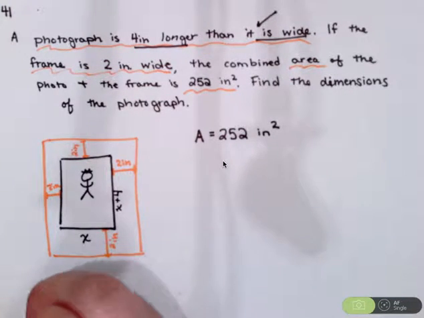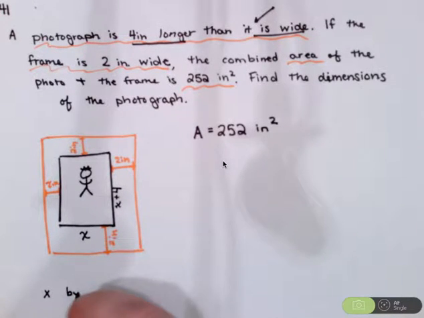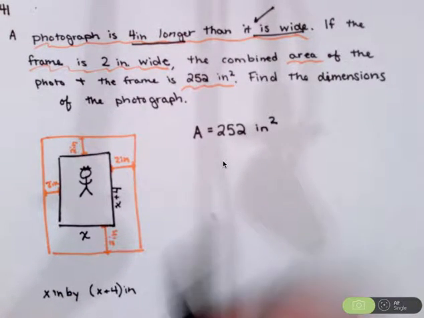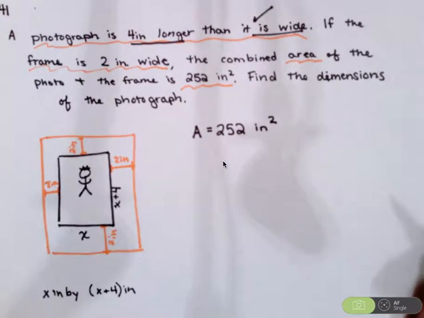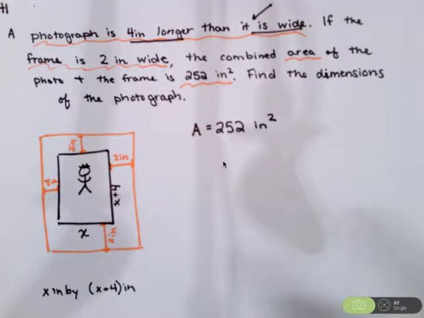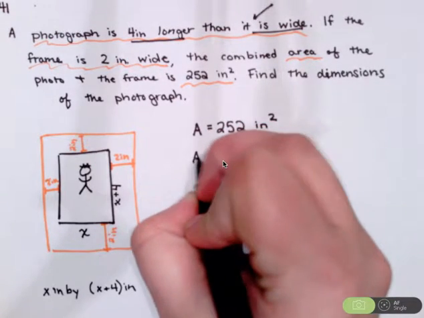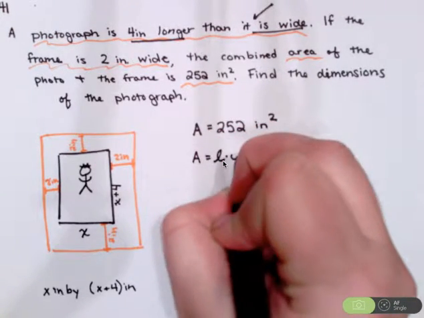I know my dimensions are x inches by x plus 4 inches, so I need to solve for x. If the only thing I know is the area and some different frames, I probably have to use the area formula. Since it's a rectangle, area is equal to length times width.